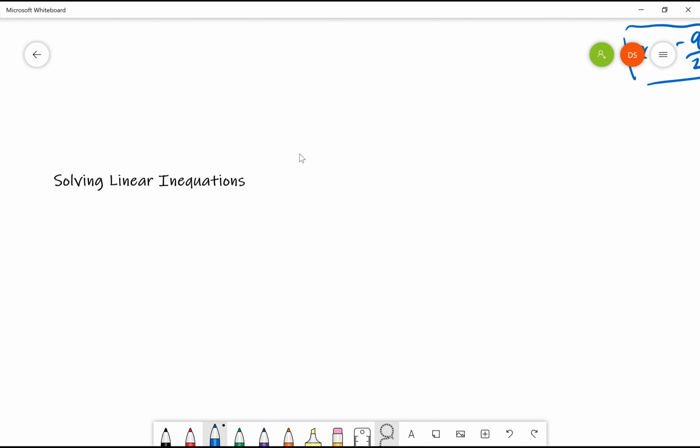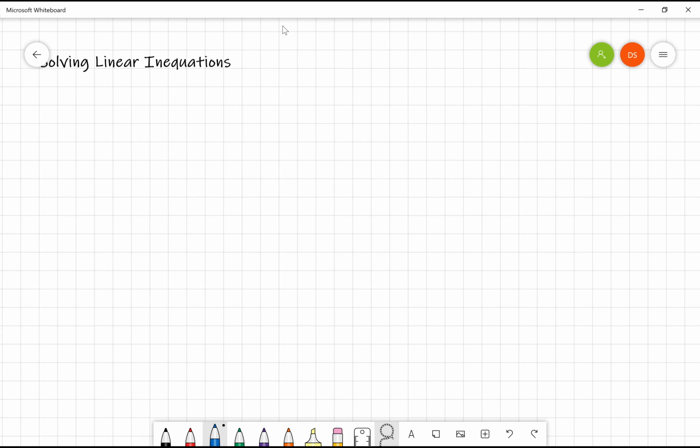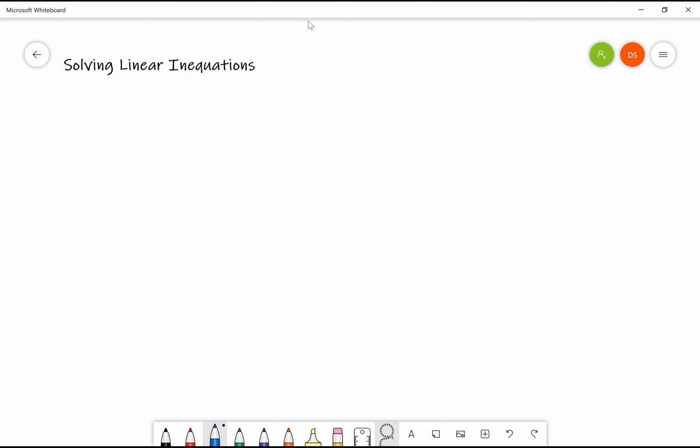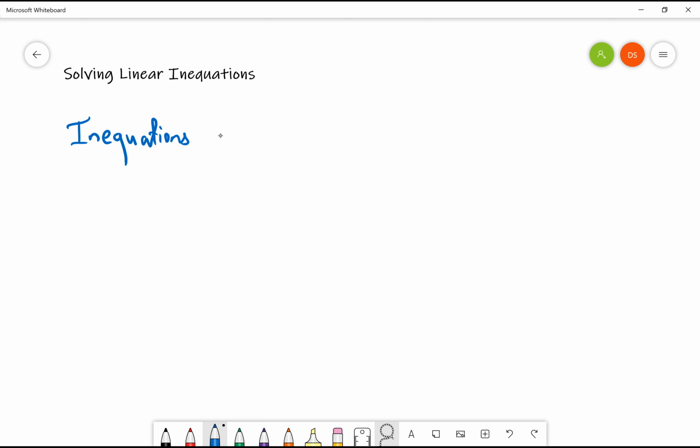Inequations. What are inequations? Inequations are equations with inequalities.